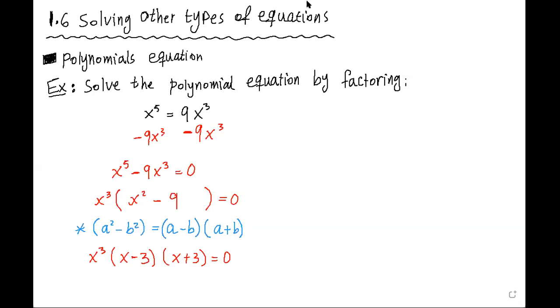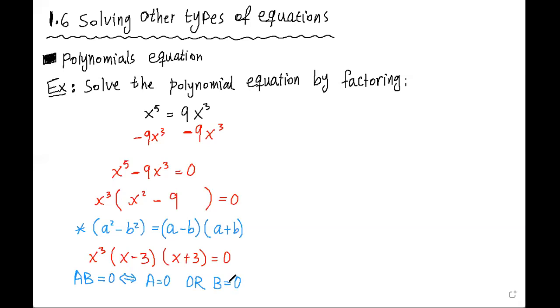From last time, the zero product property says if a times b equals 0, then a equals 0 or b equals 0.